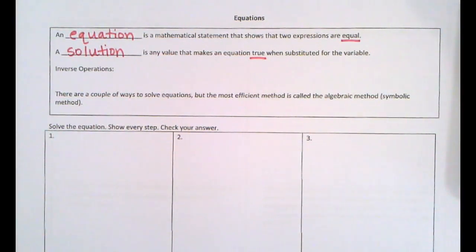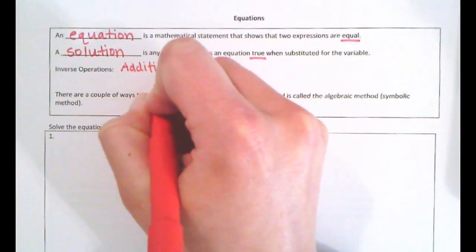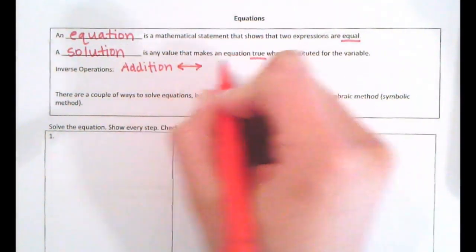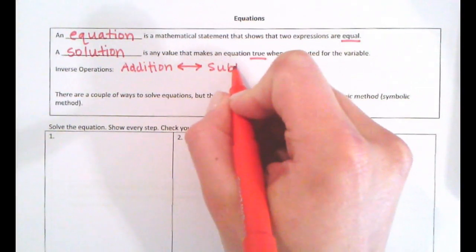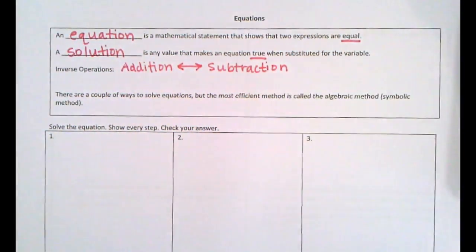The inverse operations that we will be using to solve equations: addition is the inverse operation of subtraction, because addition and subtraction will combat each other. So if we're adding something, it's from a subtraction, or if we're subtracting something, it's because it was being added originally.